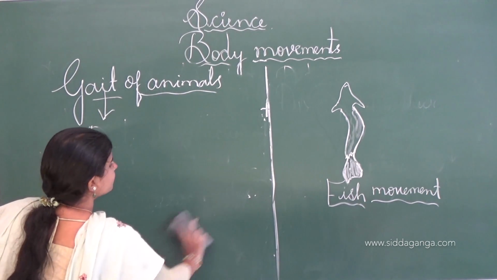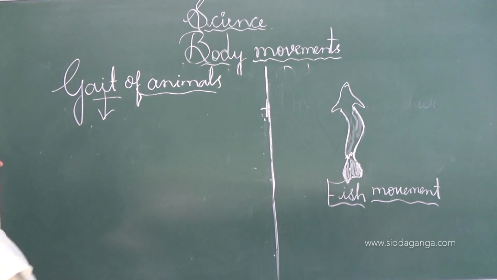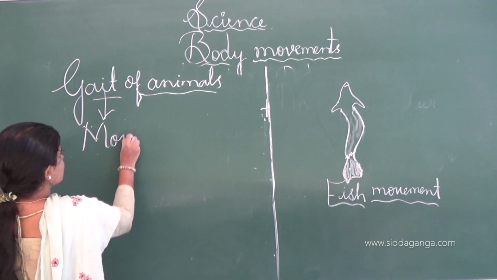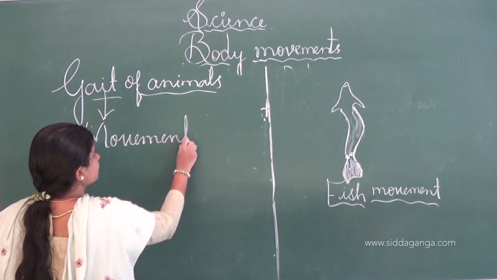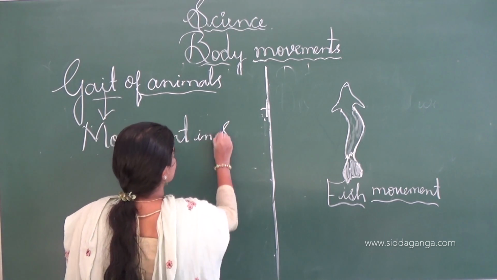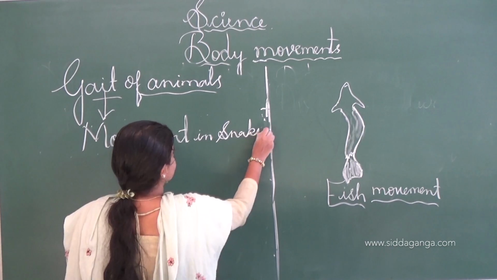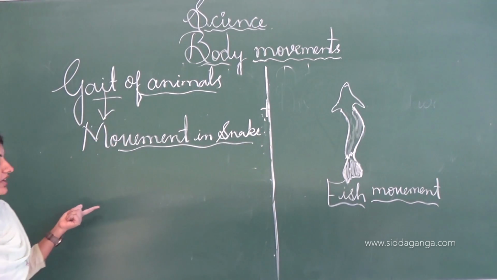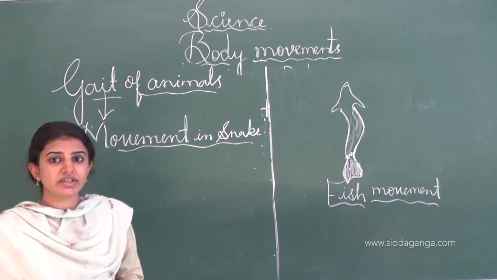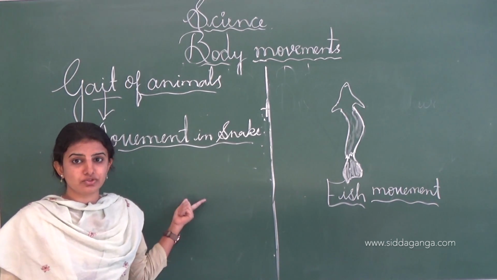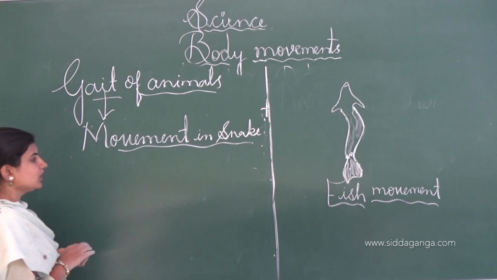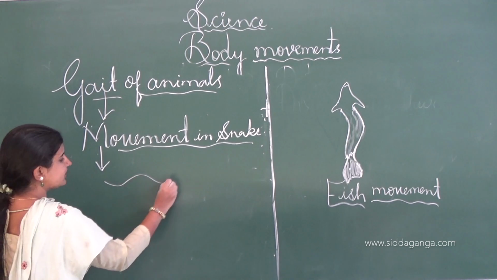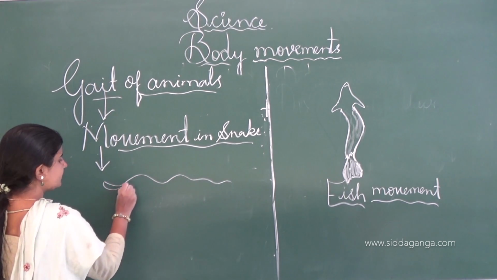Movement in the snake. A snake has one long bone present inside the body, that's why it is called an endoskeleton, and many loops will be present here.